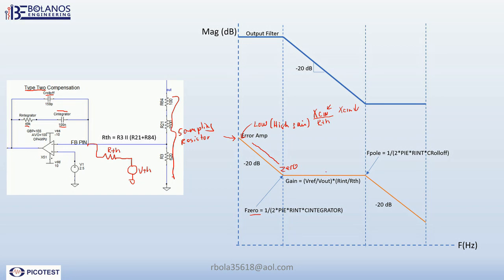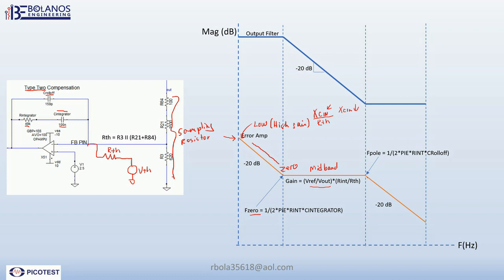And then here, you have the midpoint, or the midband. That gain can be calculated by this formula, which is basically the integrator resistor divided by the Thevenin resistance.